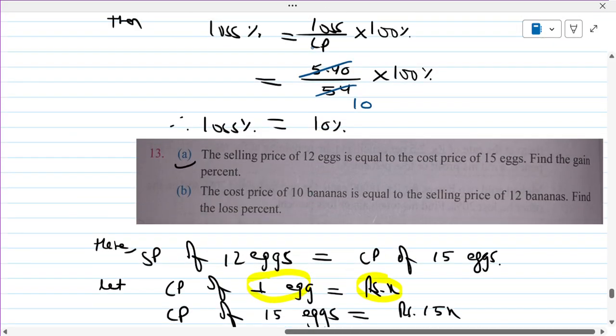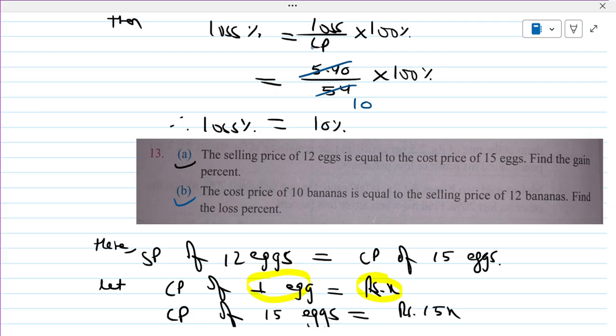So in this case, when the selling price and cost price of some number of things are compared, we can find gain percent this way. And part B is also very similar. The cost price of 10 bananas is equal to the selling price of 12 bananas. Find the loss percentage.